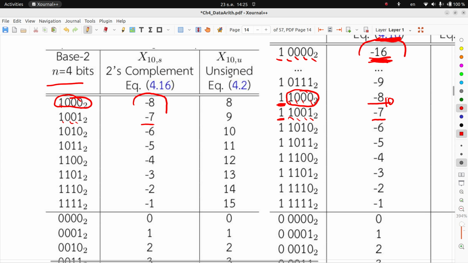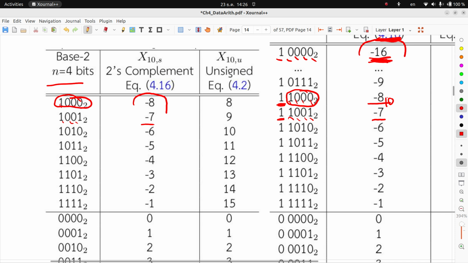This is the magical part of 2's complement. The dude who invented this representation is a genius.